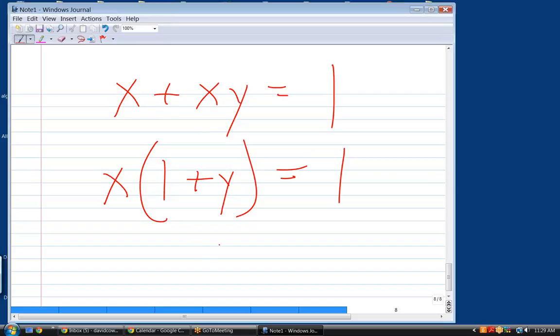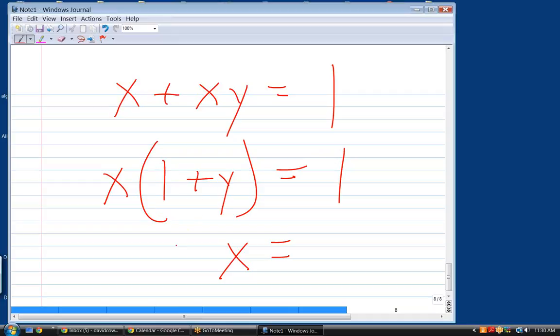Well, now what's the final step to solve for x? No, you don't want to distribute it back. We just undistributed it. When you factor something, you're doing the opposite of distributing it. If I multiply that back together, I'm going to start with where I began. So I don't want to do that.